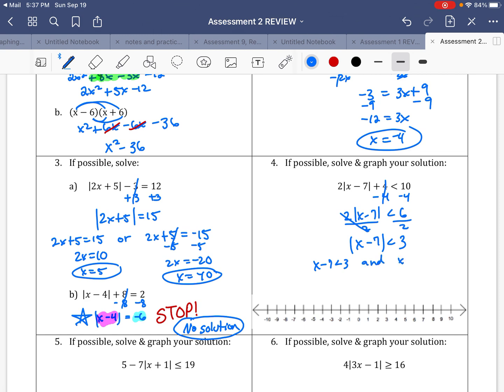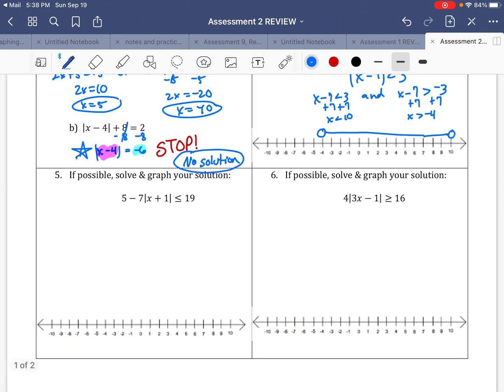And x minus 7, I switch it to greater than and put a negative 3. So I add 7 over here. So I get x is less than 10. And over here, adding 7, I get x is greater than negative 4. So remember, and problems come together. Less than 10, so open circle is going to come this way. Greater than negative 4 is open circle, going to go that way, and then they meet up.